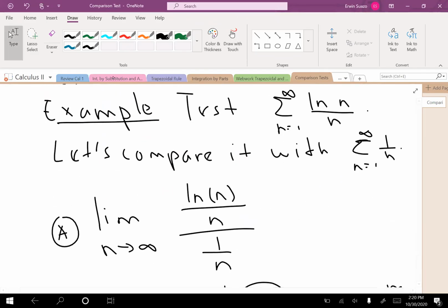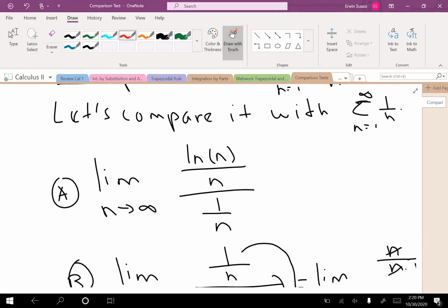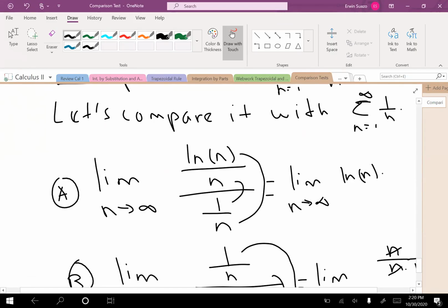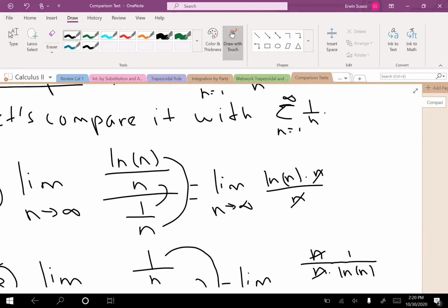The other limit, if I do my other limit, what do I get? The limit as n goes to infinity of ln of n times n divided by n. Cancel. I will get infinity. So in both cases, it's telling me I cannot apply the test.